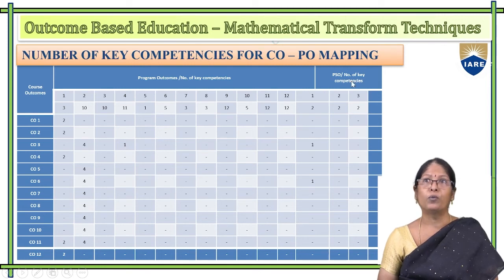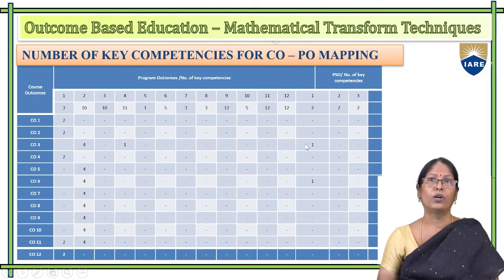And PO4 has 11 elements, and here CO3 satisfies only 1 element. Coming to the program specific outcomes, here we have taken the specific outcomes regarding the specific engineering program, the aeronautical engineering branch, for which there are program specific outcomes, PSO1 and PSO2, with 2 elements.